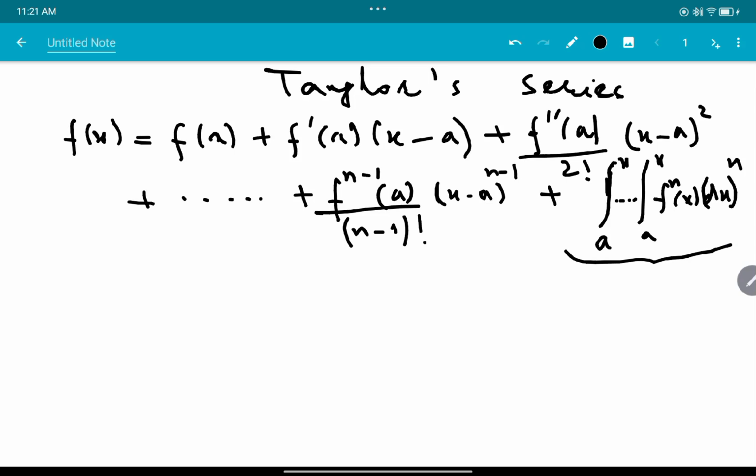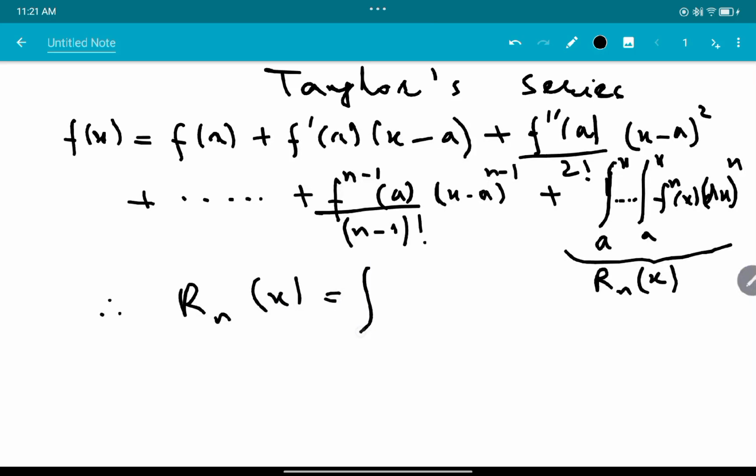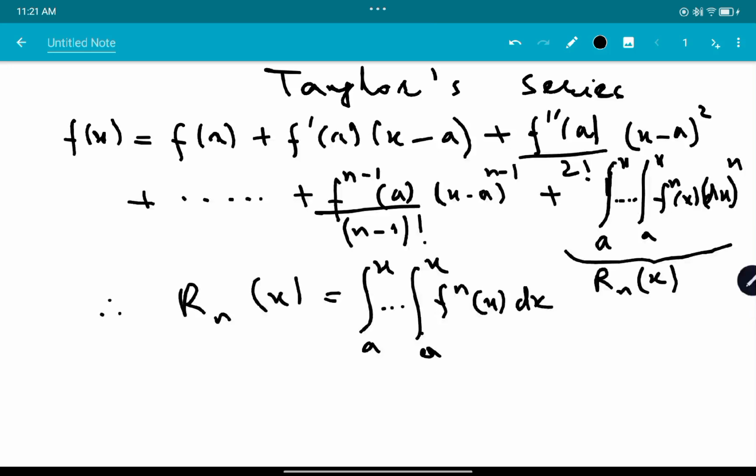We call it the remainder in the Taylor series and write it as R_n(x). Therefore, the remainder in the Taylor series, R_n(x), is equal to the integral from a to x, n times, of f^(n)(x) dx, with dx raised to n.